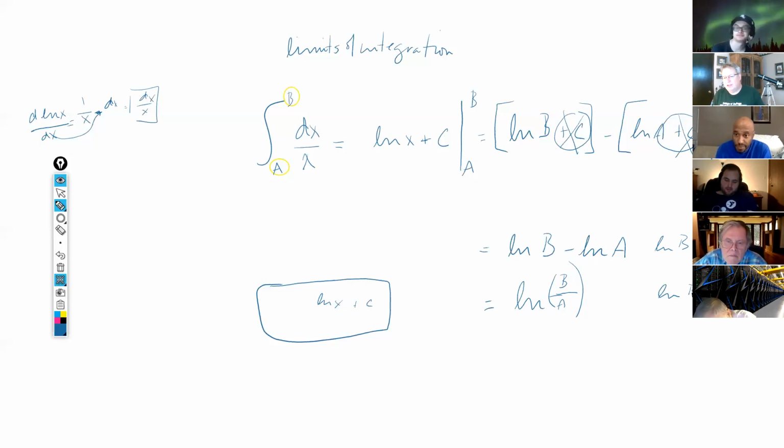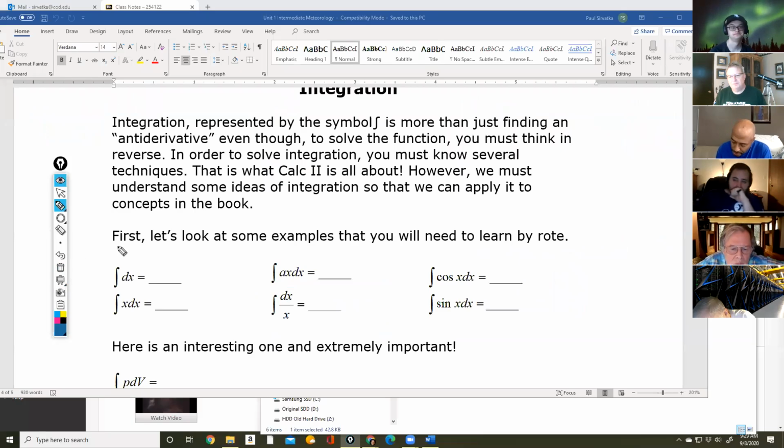That would have been times a. Remember, the way that we think about it is that this becomes a plus and this becomes negative. That's why you get this. So those are just some tricks that you need to remember how to do.